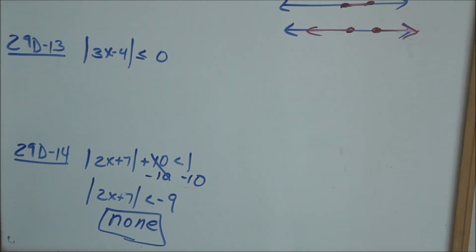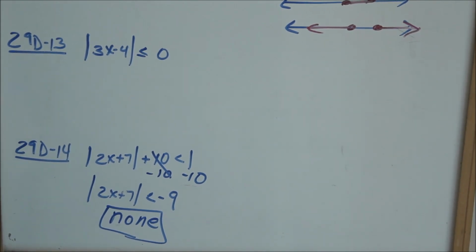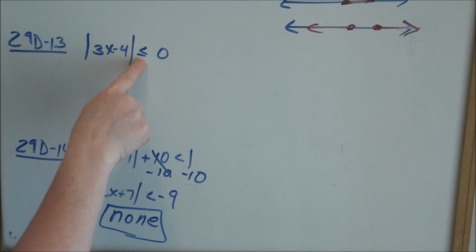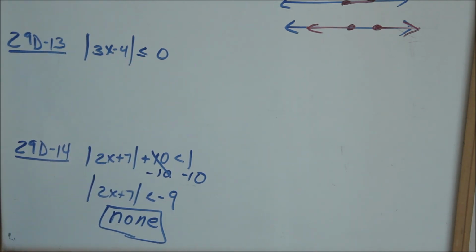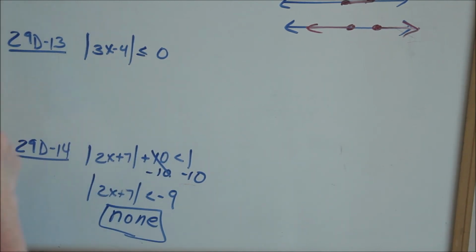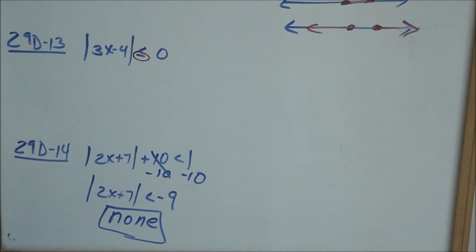Okay, look at this one. 29D13. The difference here is the absolute value of something less than or equal to 0. Here's the tricky part on this one. The absolute value can never be less than 0. It can never be a negative number, but it could be equal to 0. Because if you're doing the absolute value of 0, that's still 0.